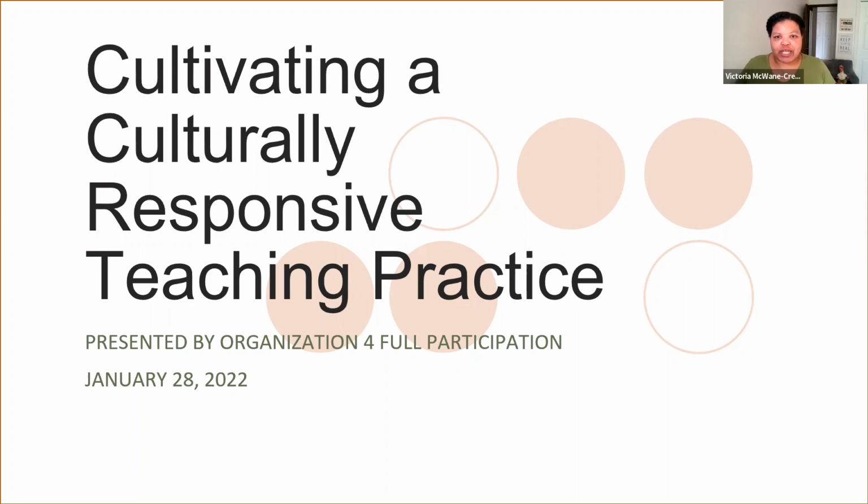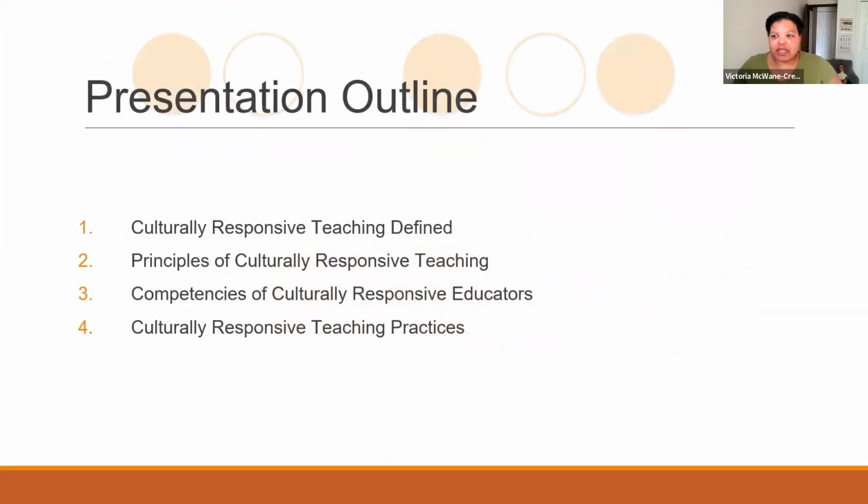We are going to get right into our outline for the day. There's a lot packed into this short amount of time. We're going to define culturally responsive teaching, review some of the principles, dig into the competencies of culturally responsive educators, and then look at some culturally responsive teaching practices.